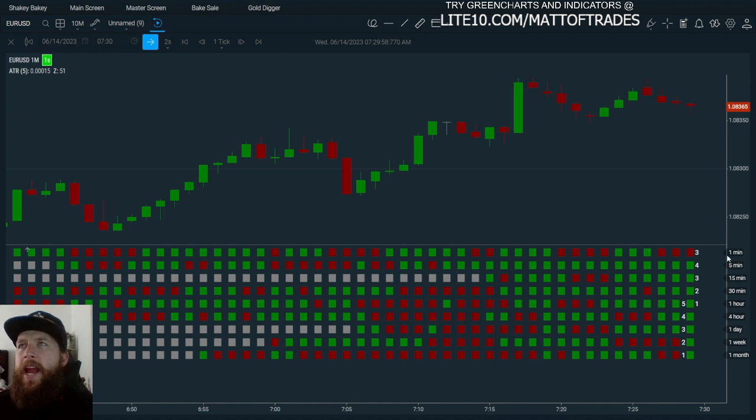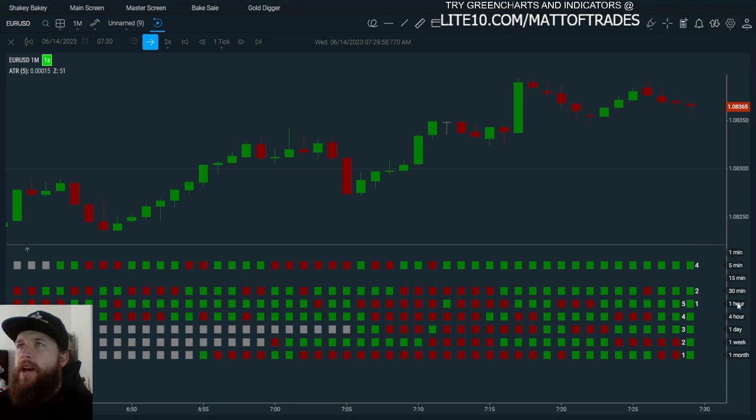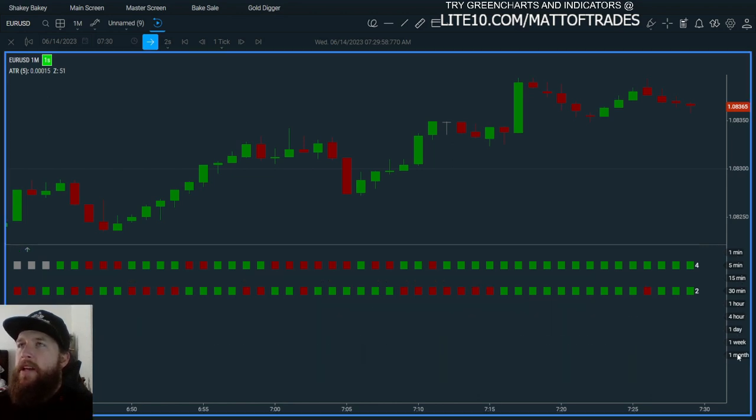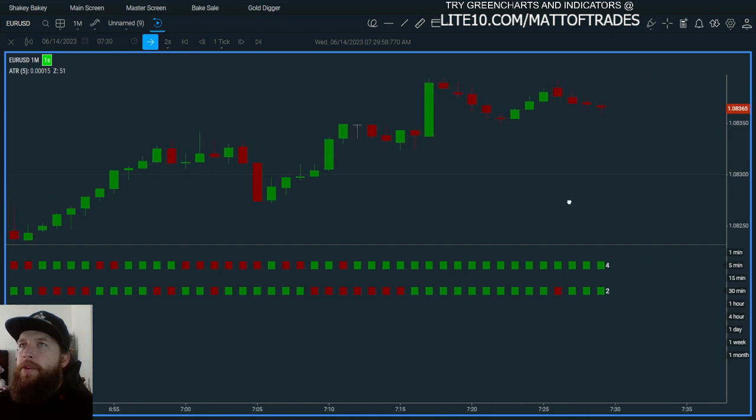In application, a lot of popular trade plans will only use 2 of these. For example, a 5 minute and a 30 minute, and basically you're not taking trades in the buy direction unless both of these are green, and you're not taking trades in the sell direction unless both of those are red.